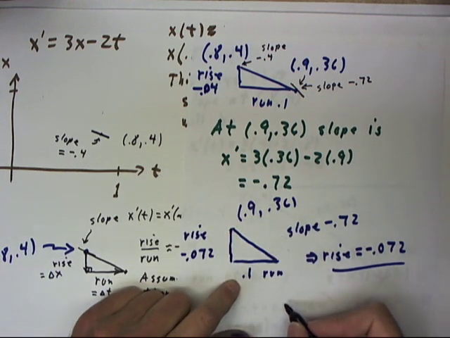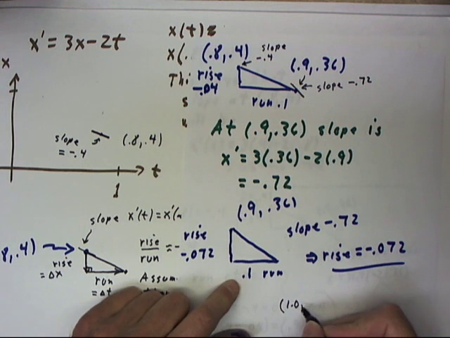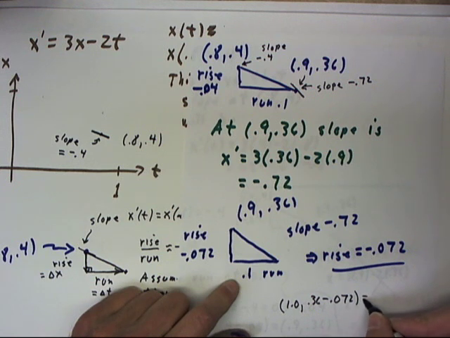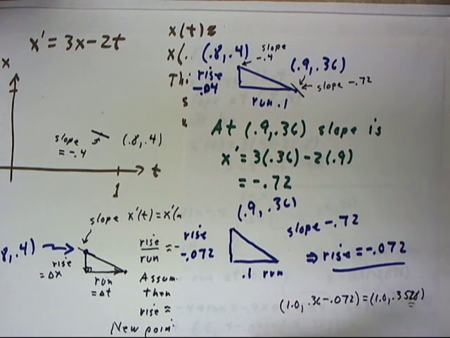We start at 0.9 and run 0.1, so our new point will be at 1.0, and it's going to be 0.36 minus 0.072, which is 0.35128. Not all those figures are going to be significant given the potential errors in this calculation, but we see how the process can work.